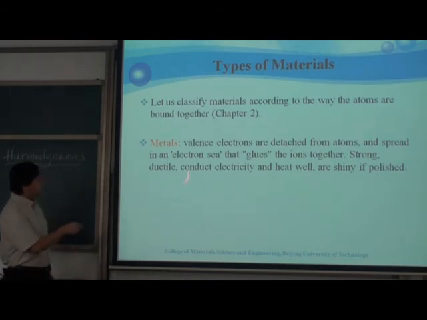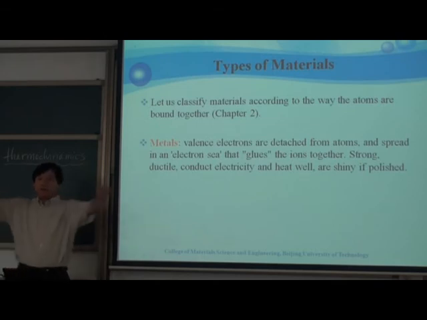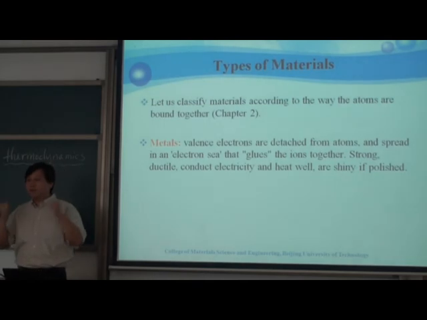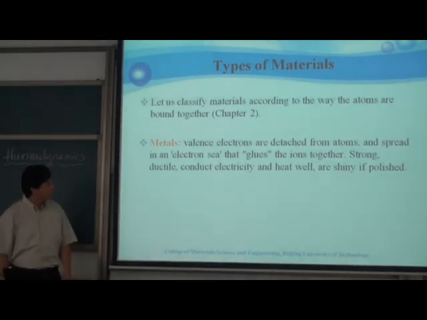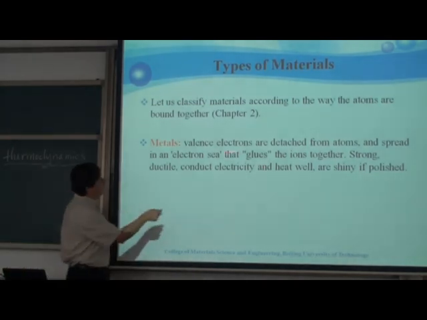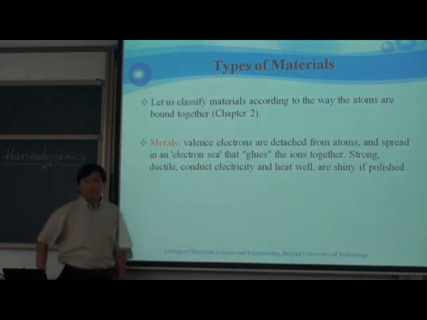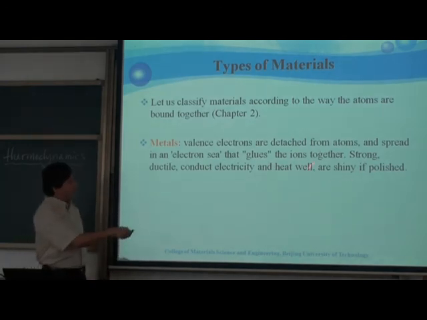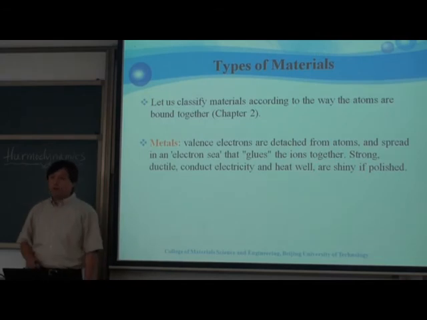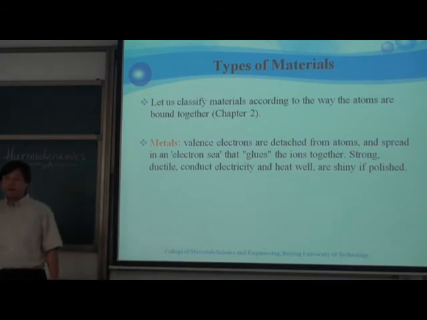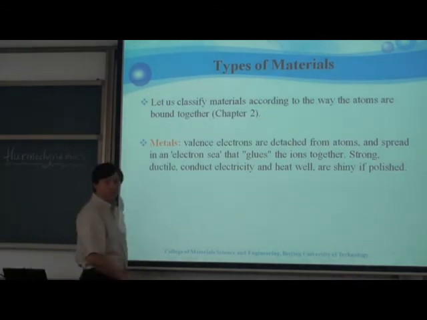And metals are ductile. If you stretch the metal, it's not going to break. But you cannot do the same thing for ceramic materials. They conduct electricity and heat very well, and they are shiny, or lustrous if polished.